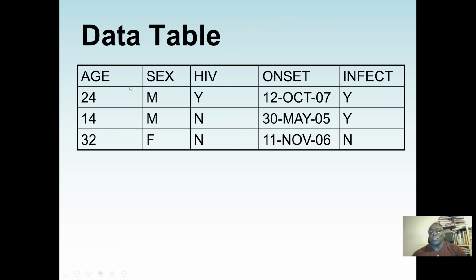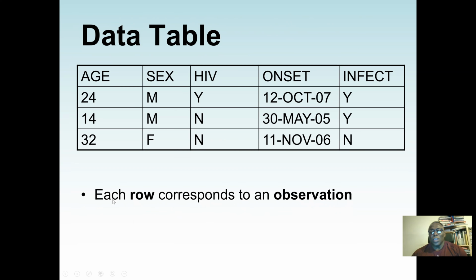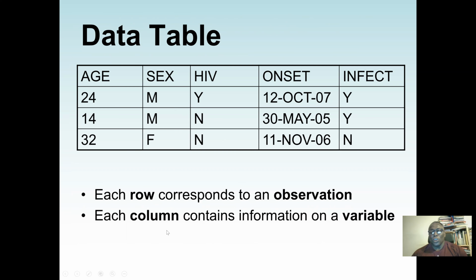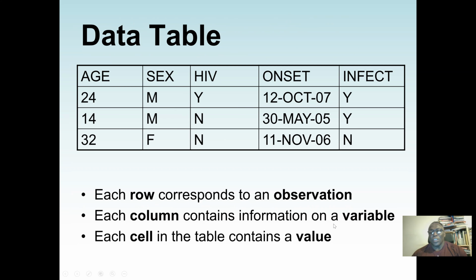So the variables are age, sex, HIV, onset, infect. Then the values on each variable, here we have 3 observations. So we have 3 different ages, sex, HIV, etc. So that's what we say: each row corresponds to an observation, and each column contains information on a variable. And each cell, the cells are the boxes, contains a value.